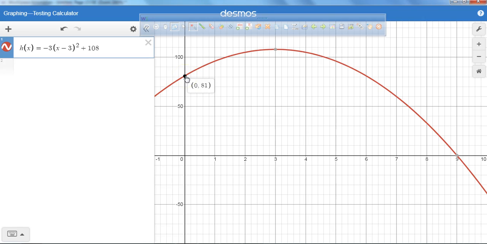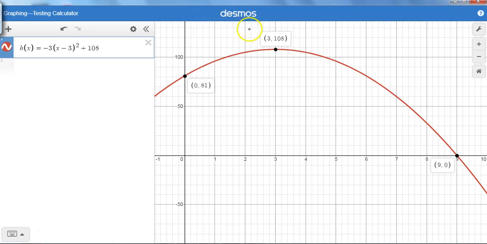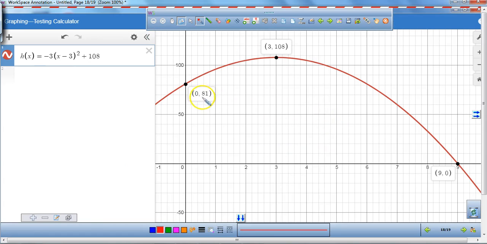So here we go. Important points: 0, 81; 3, 108; and 9, 0. These are all very important points, so we're going to talk about these points for our particular problem. 0, 81 represents the y-intercept.